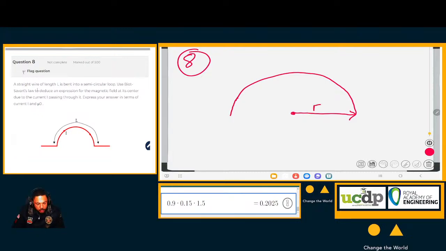Okay. Now the length of this semicircle. Normally the circumference of a circle is 2 pi r, but this is only half a circle, so we divide it by 2.